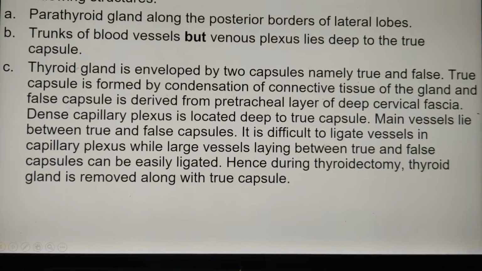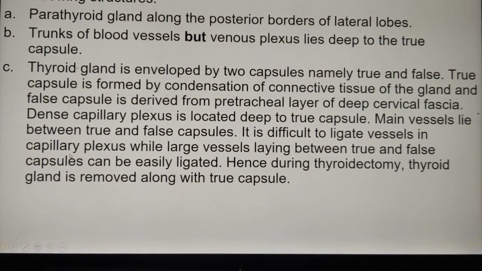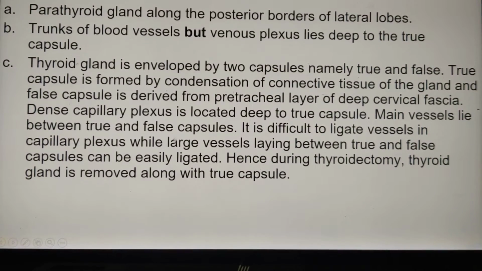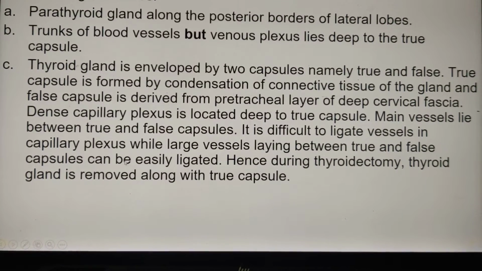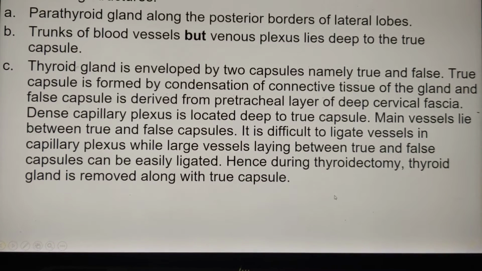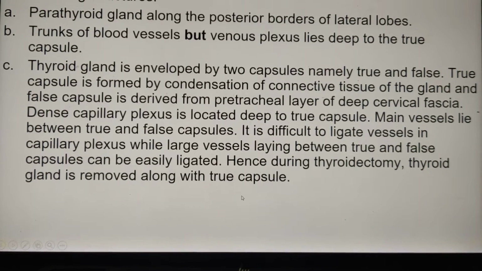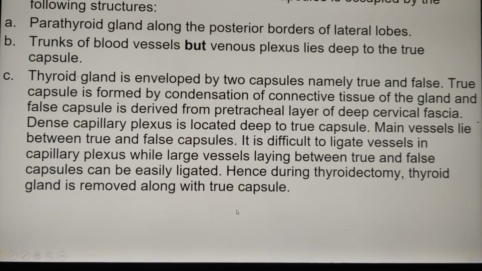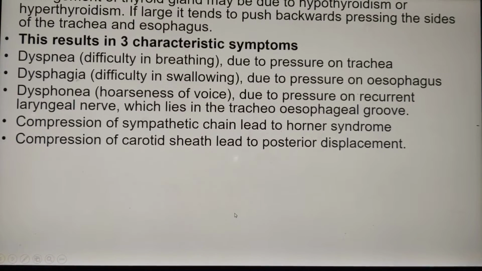It is difficult to ligate the vessels in the capillary plexus, while the large vessels lying between the true and false capsules can easily be ligated. Hence, during thyroidectomy, the thyroid gland is removed along with the true capsule. You have to remember this. This is the main clinical importance.